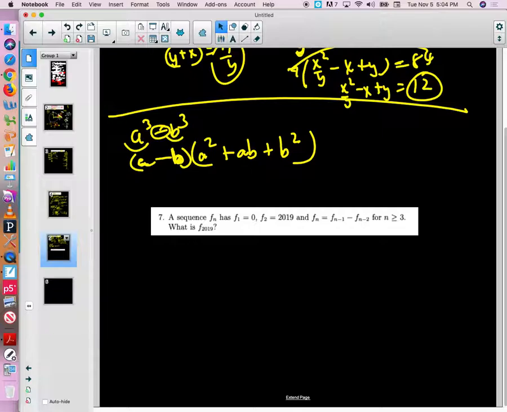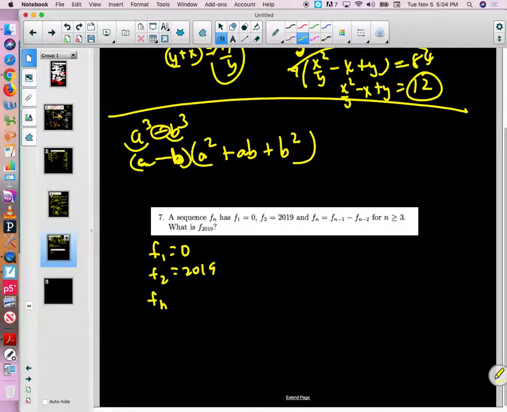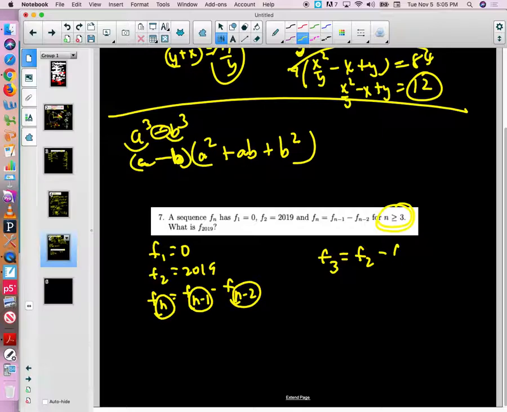Okay. So you know f of 1 is 0, f of 2 is 2019, and f of anything after that is f of n minus 1 minus f of n minus 2. In other words, if you want the third function, if n is 3, this is going to be f of 2, and 3 minus 2 is f of 1.